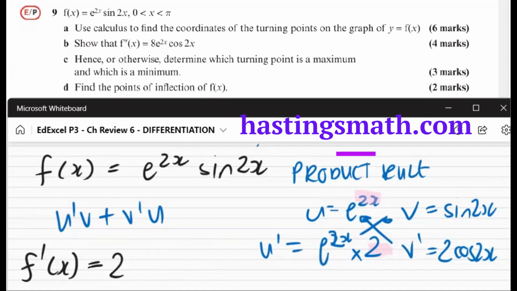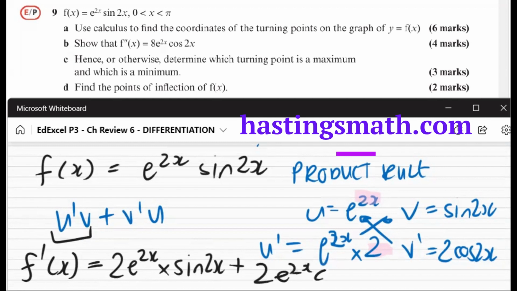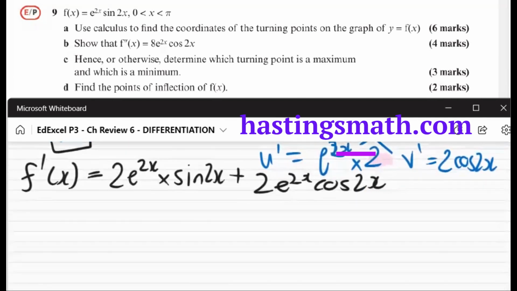So 2e^2x times by sine 2x plus, so that was u dash v. Now we're doing v dash u. Let's do 2, and then I'll put the e in the middle, e^2x cos 2x. Okay. That should do it.